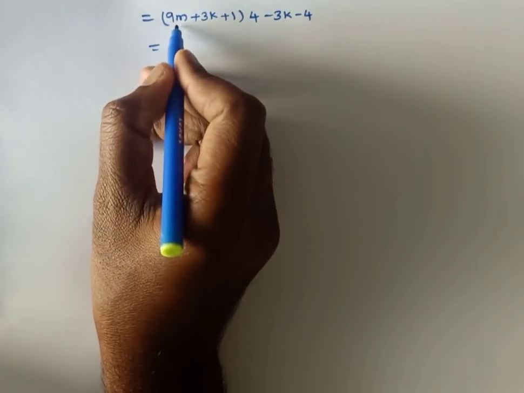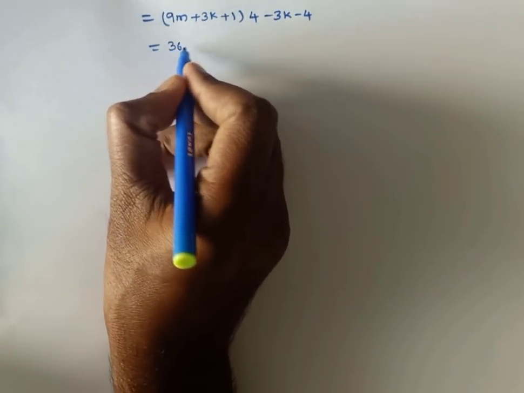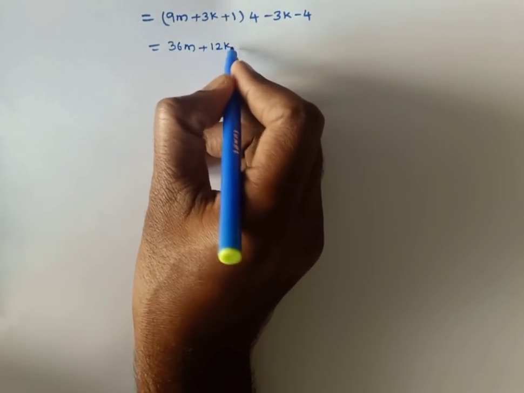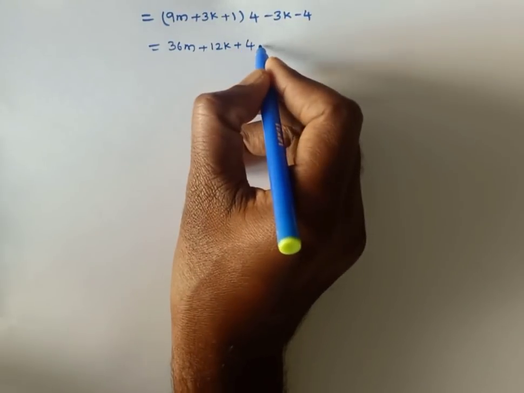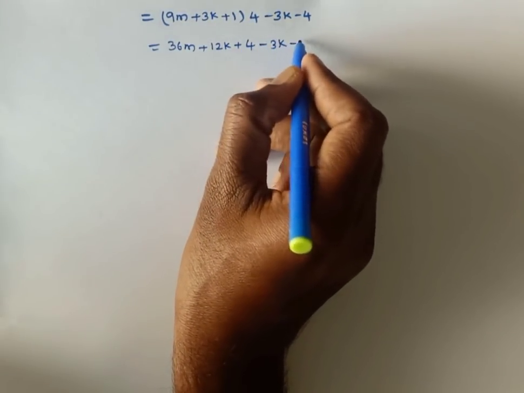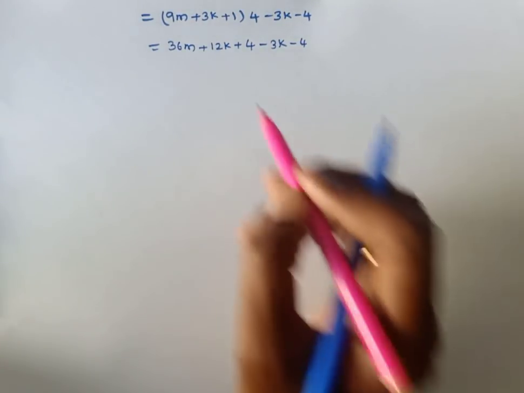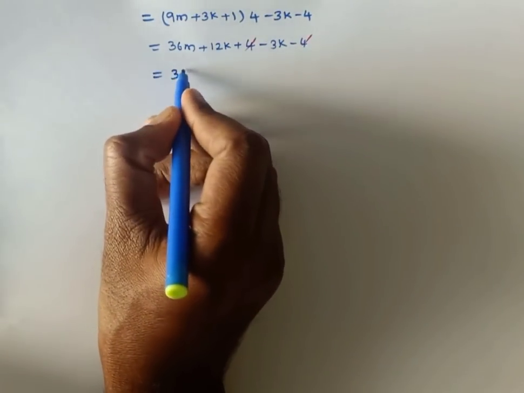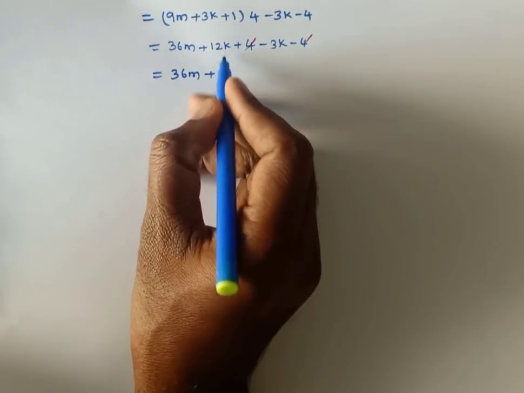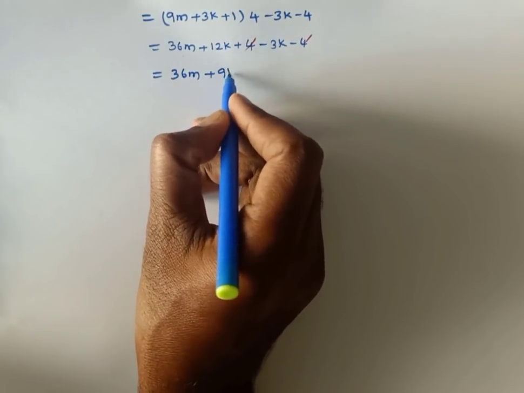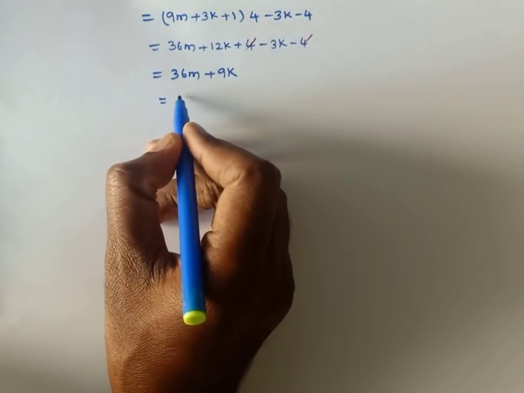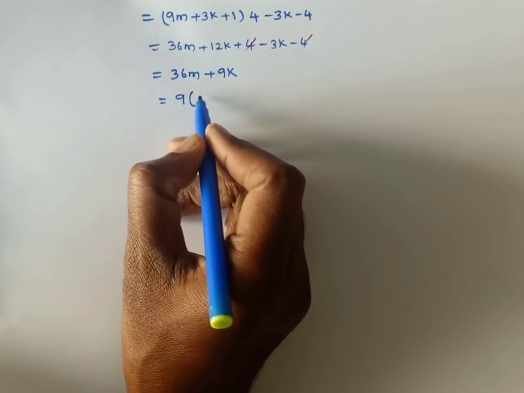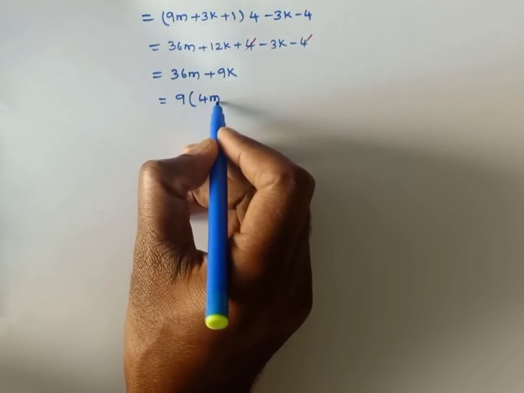Now 9m into 4 is 36m, plus 3k into 4, that is 12k, plus 1 into 4, minus 3k minus 4. Here plus 4 and minus 4 cancel. The remaining part is 36m plus 12k minus 3k, that is 9k. So 9 is common, 9 times 4m plus k.